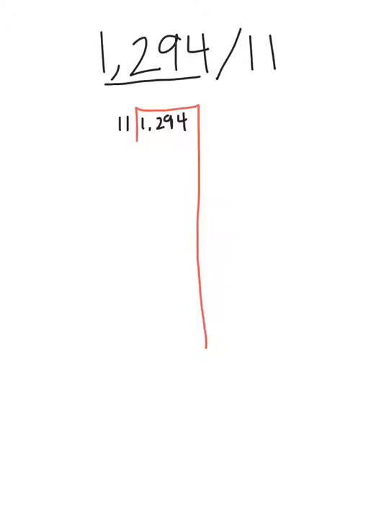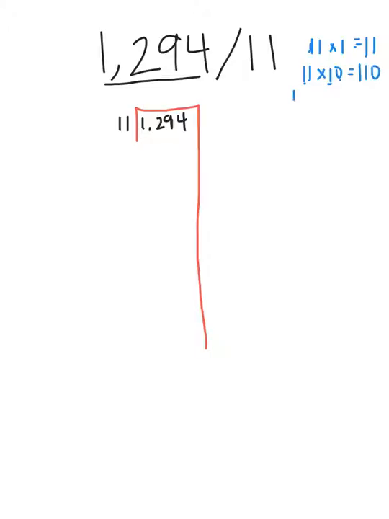Now to solve this, we are going to work with powers of 10. So over here on the side, I'm just going to put 11 times 1 equals 11. What about 11 times 10? 11 times 10 equals 110, right? Because 11 times 1 is 11, plus that one more 0 brings us to 110.